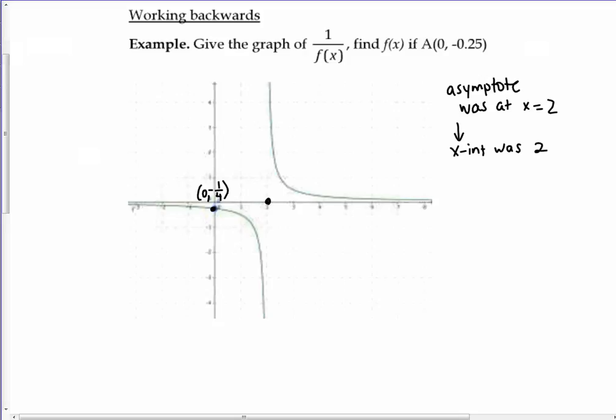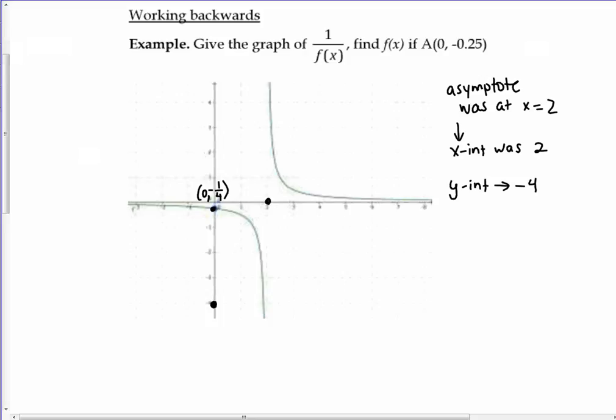So could we figure out our original y-intercept? It would be at -4. 1, 2, 3, 4. Okay? So y-intercept had to be at -4 because the reciprocal of -1/4 is -4. If you take the reciprocal of your reciprocal, you're back where you started.